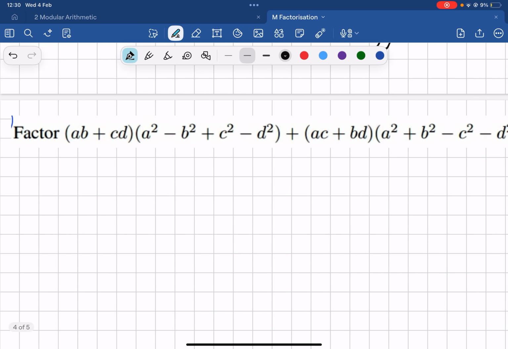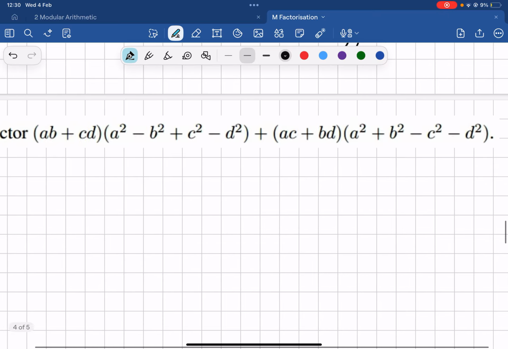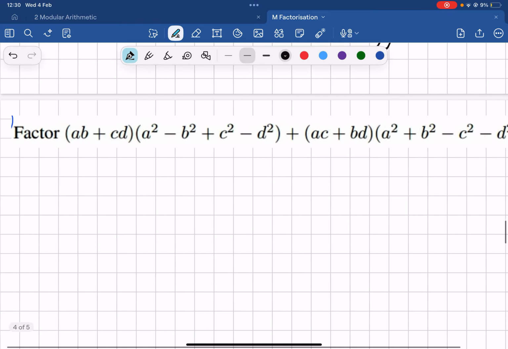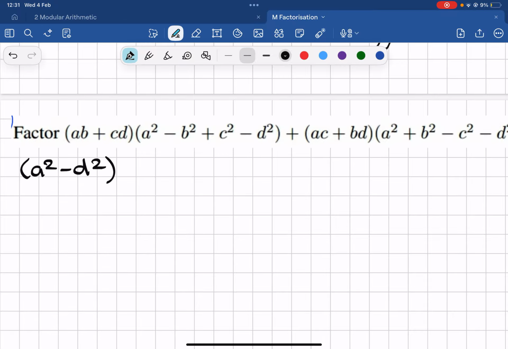What can we factorize out? Both of the bigger brackets have an a squared minus d squared. So if I factorize that out, a squared minus d squared, and take it out of the first bracket, we're left with ab plus cd.